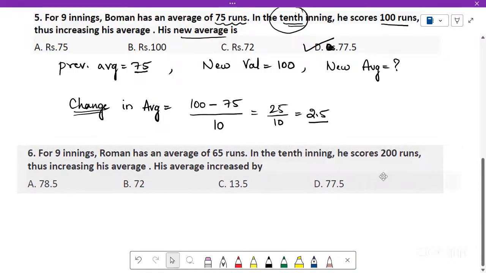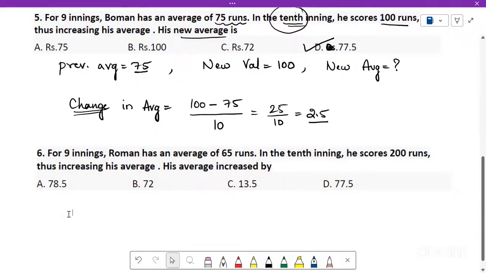Solve this question, same as the previous one, and give me the answer. What is the answer?